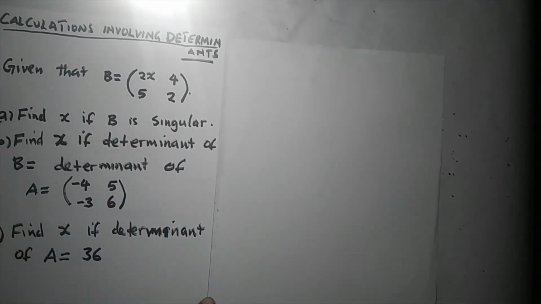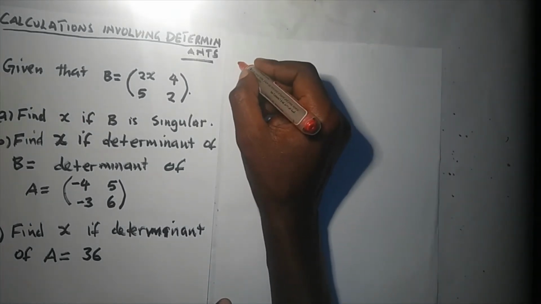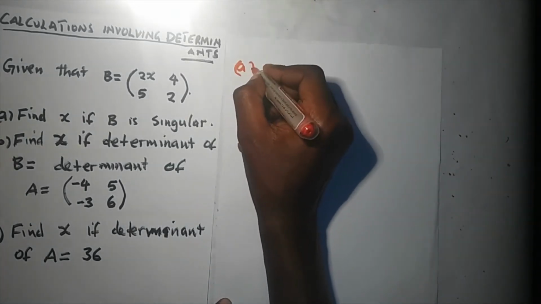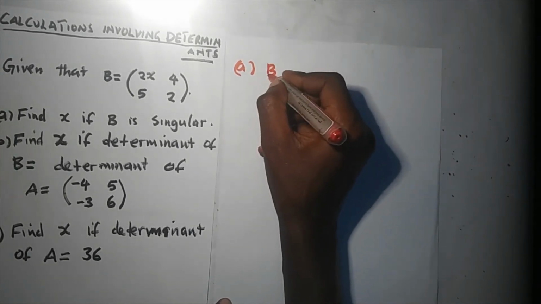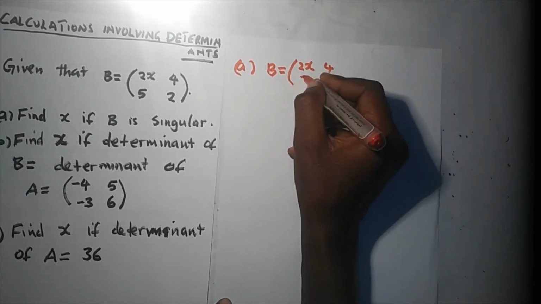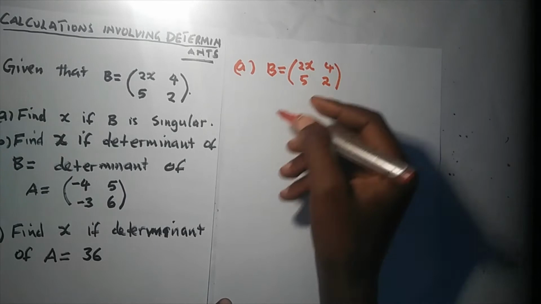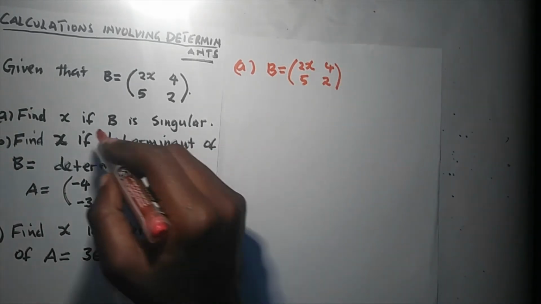So the first question says find x if b is singular. We are saying b, which is this matrix, 2x, 4, 5, and 2.